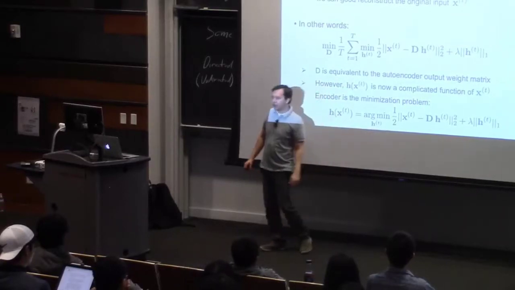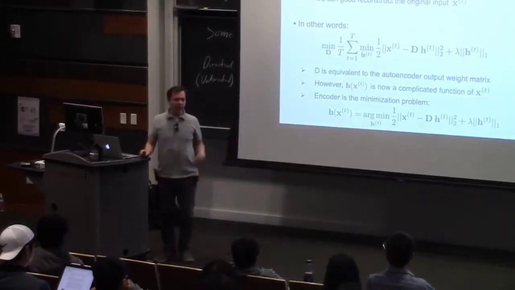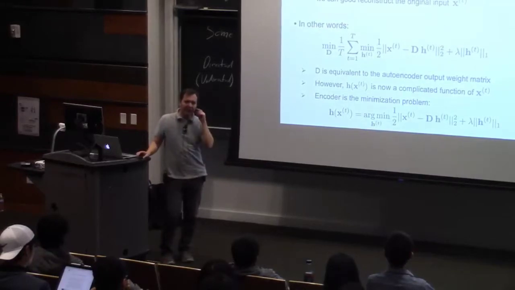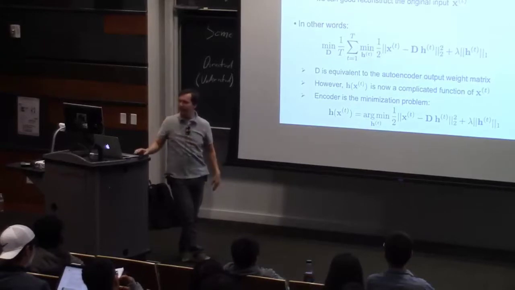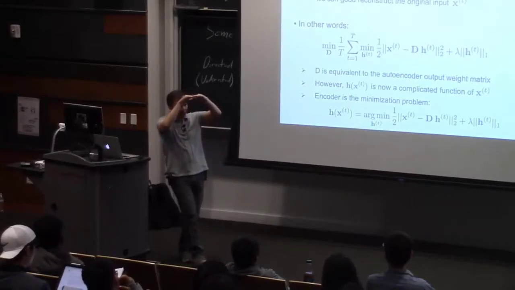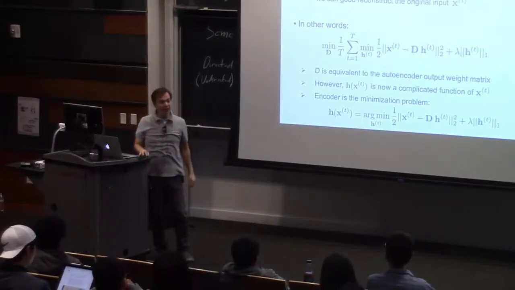If you think about autoencoders, they have an explicit encoder function: given the input, you encode the hidden states. And then given the hidden states, you have an explicit decoder, so both are parametric functions.